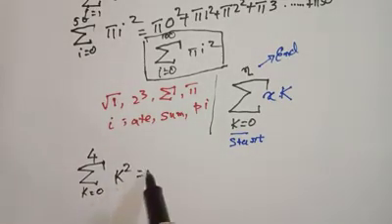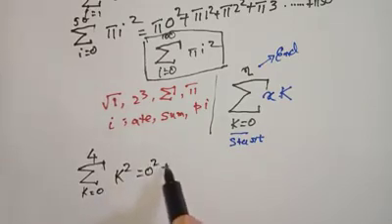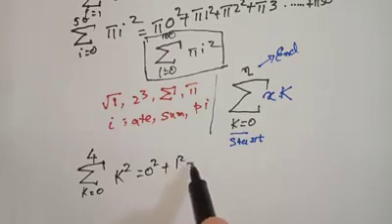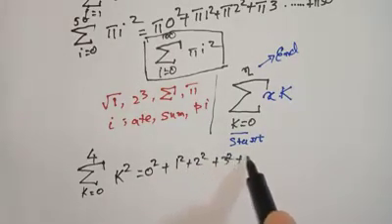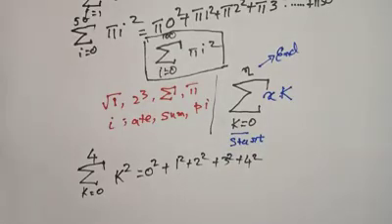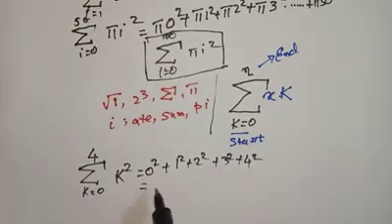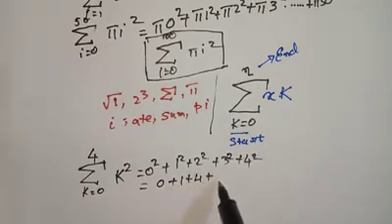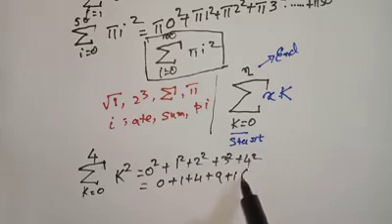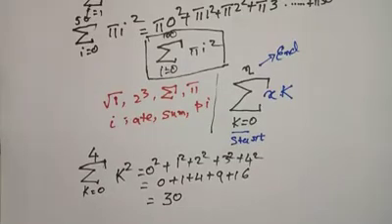So we put 0 squared plus 1 squared plus 2 squared plus 3 squared plus 4 squared. We have to stop at 4 because the upper limit is 4. So let us see how much it comes. 0 plus 1 plus 4 plus 3 squared is 9, 4 squared is 16. So 25, 29, it comes to 30. This is the answer.